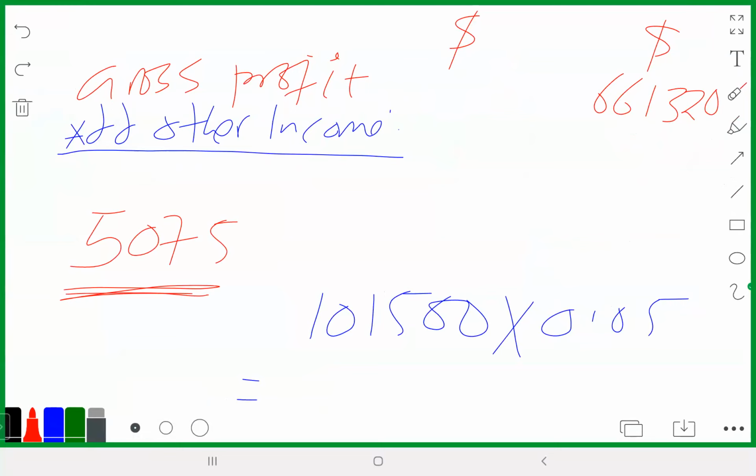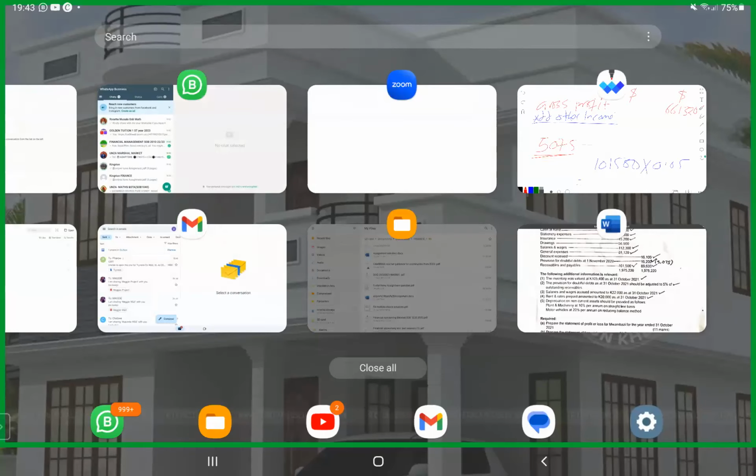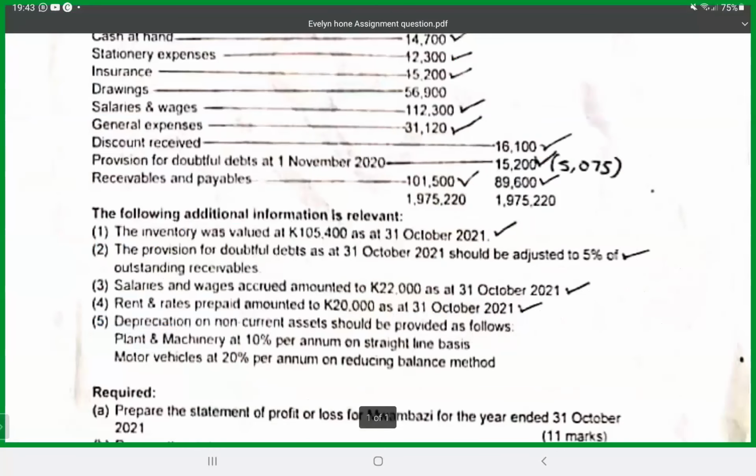If this is clear, now we have to assess whether this was an increase or a decrease. How do we assess whether it was an increase or a decrease? We subtract the accumulated provision for doubtful debt at the beginning of the period.